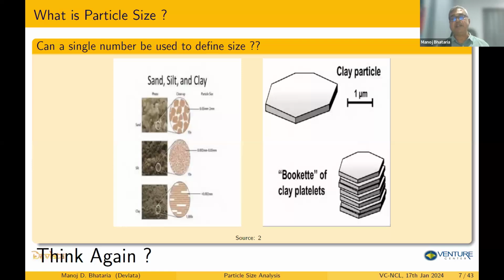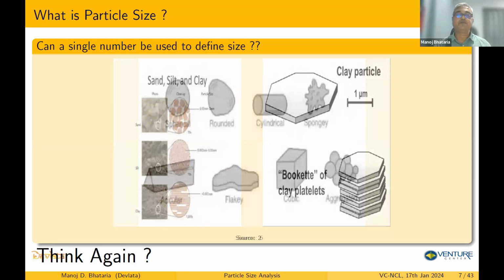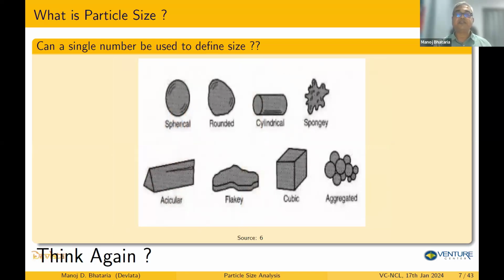The way clay particles behave would be very different. They have different dimensions altogether. Or if you look at sand or silt, the kind of sizes that you'll encounter, or the shape of the particles that you encounter, is going to be very much different. In fact, these are some of the sizes that we sometimes encounter in real life. And it is very difficult to say what one number we can associate with them.